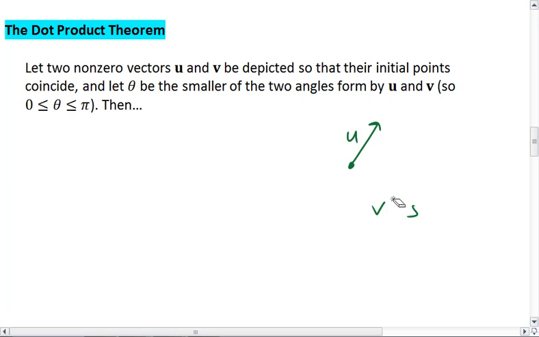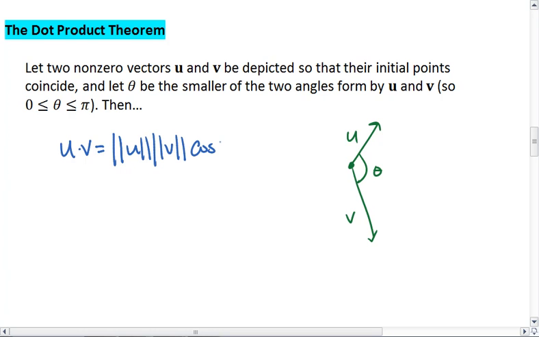So if I were to widen this up, here's theta. Theta is not this blue arc here, it's the green one. Alright, what I find then is that u dot v equals the magnitude of u times the magnitude of v times the cosine of theta.